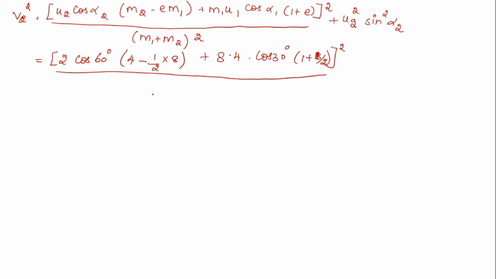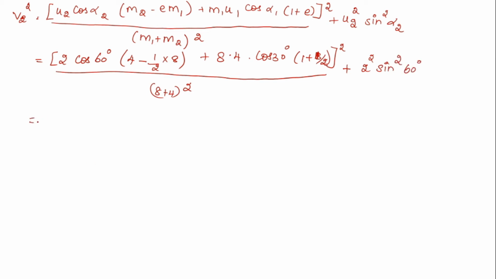So M1 is 8 and M2 is 4, so 8 plus 4 the whole square, plus U2 square. U2 is nothing but 2, so it will be 2 square sin square 60 degree.